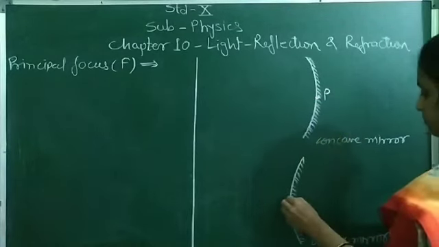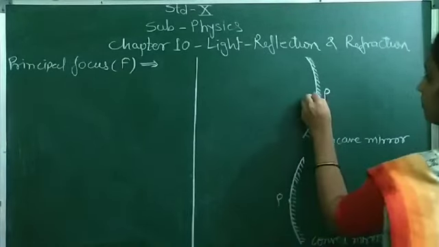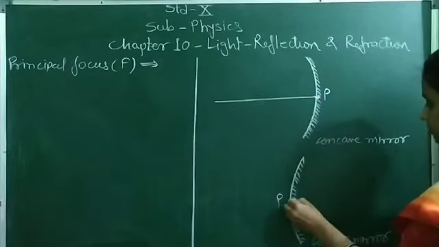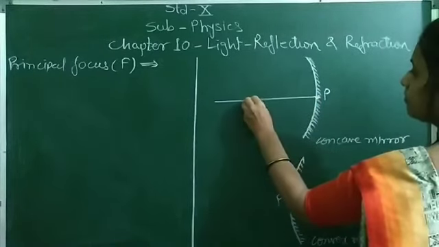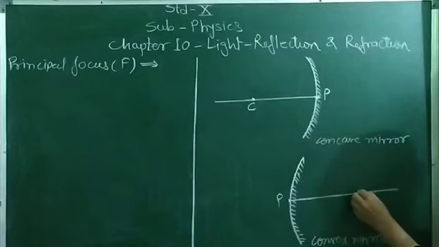This is the pole. This is the principal axis. This is the center of curvature, and here also the center of curvature.